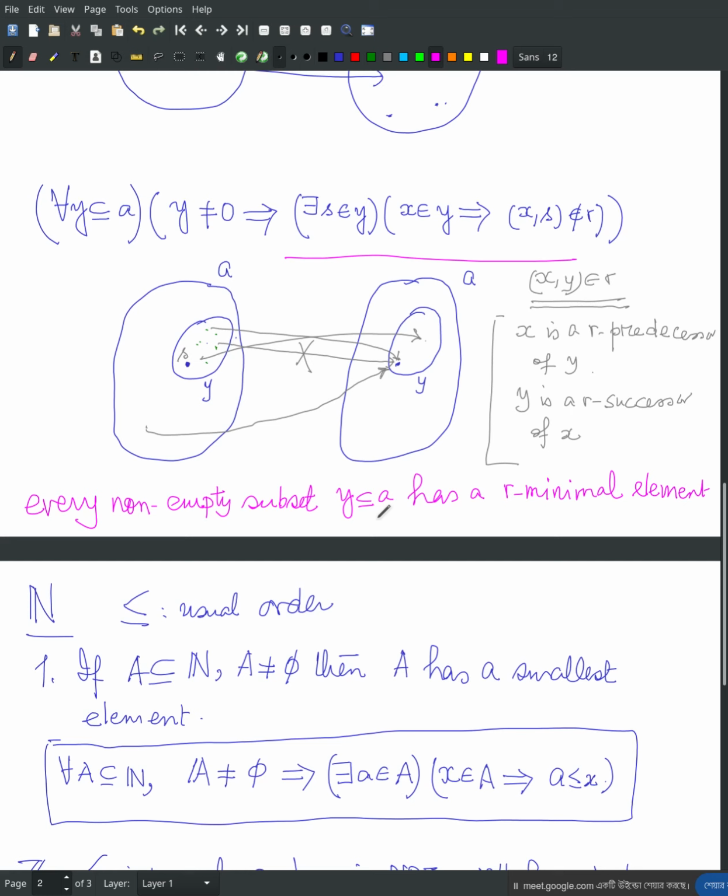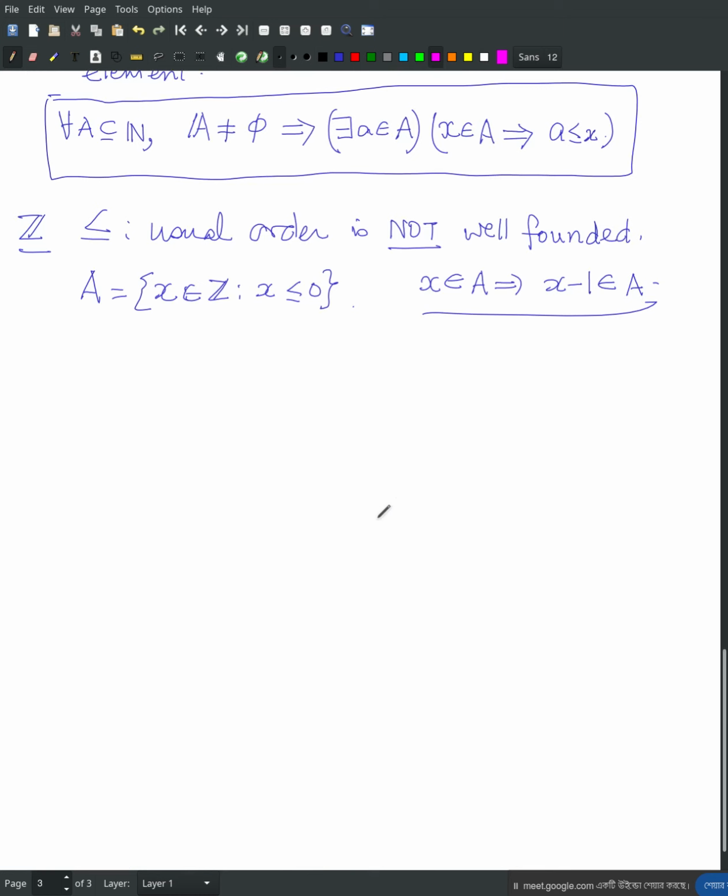So that's the idea of well-foundedness. See, regularity is therefore telling us that in your universe of small sets, belongs to is a relation on this universe.